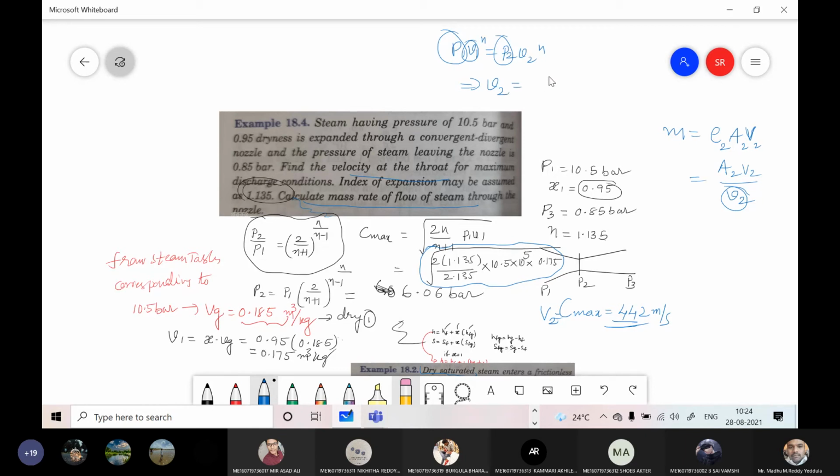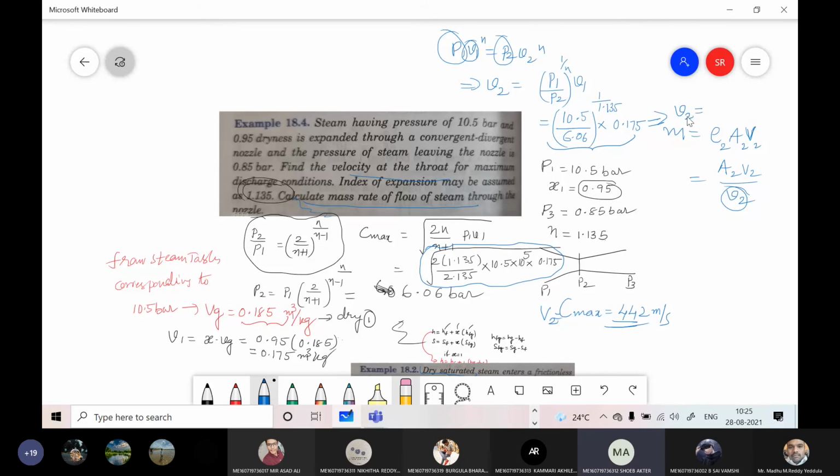So v2 is equal to P1 by P2 whole power 1 by n into V1. That is 10.5 divided by 6.06, whole power 1 by 1.135, into specific volume 1, 0.175. This is the specific volume at outlet.